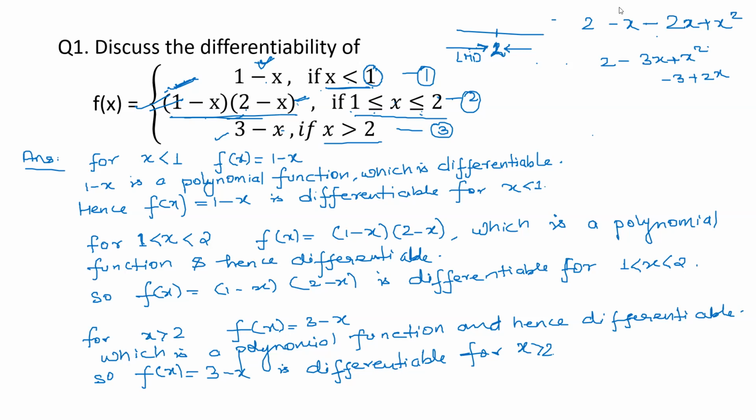Good, Abdur, it is correct. For x is equal to 2, LHD is -1. That's correct. Now please find RHD.